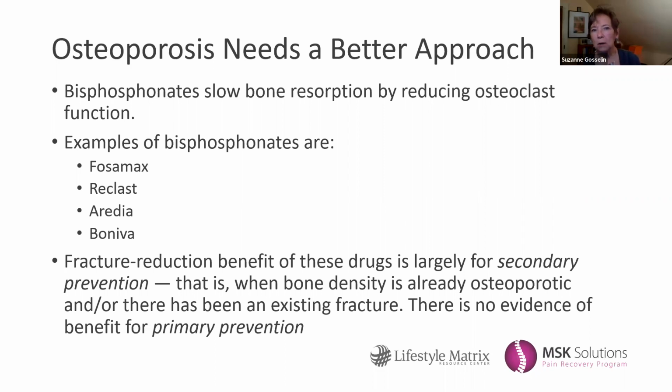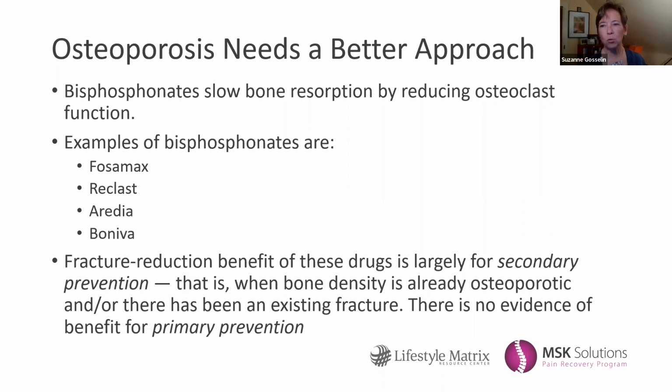So the oldest group, the bisphosphonates, slow the bone resorption by reducing osteoclast function. You might be familiar with the names of them: Fosamax, Reclast, Actonel, or Boniva. And what has been found is that the benefit of reduction of fracture is beneficial for those who already are osteoporotic.